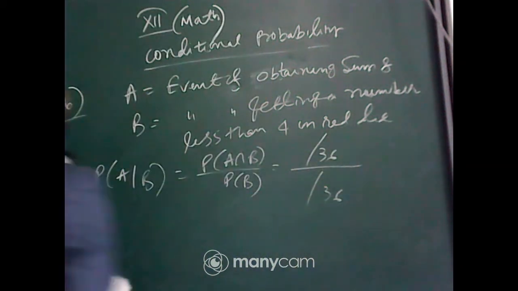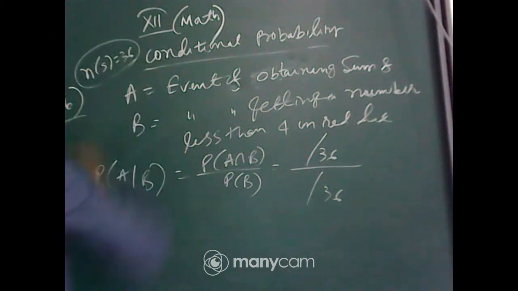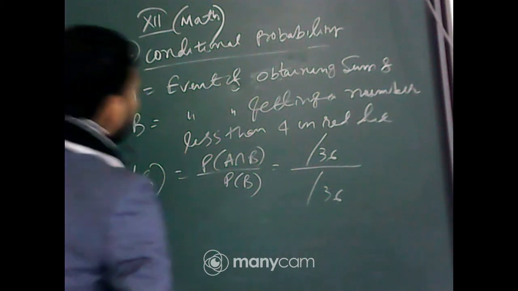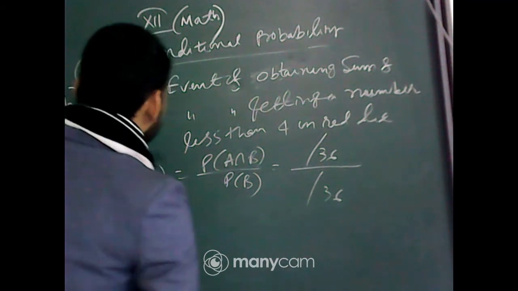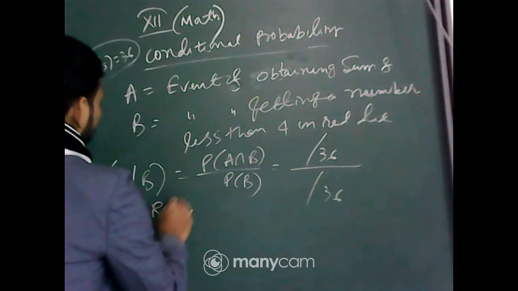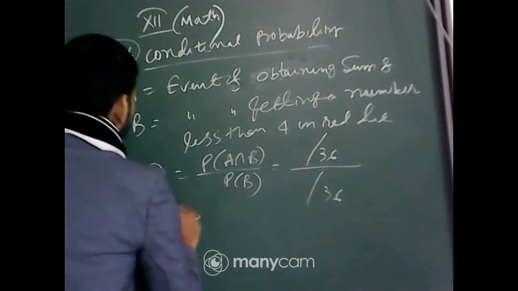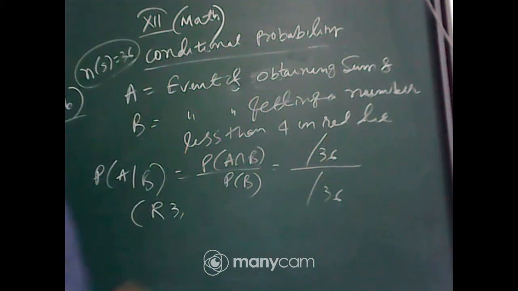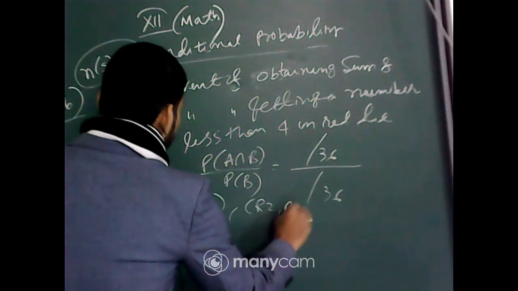Here also n of S equals 36. The favorable cases are R3 B5 and R2 B6.